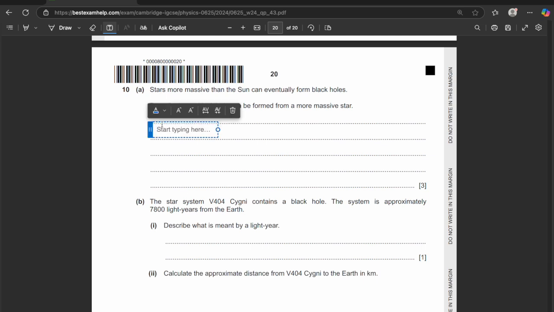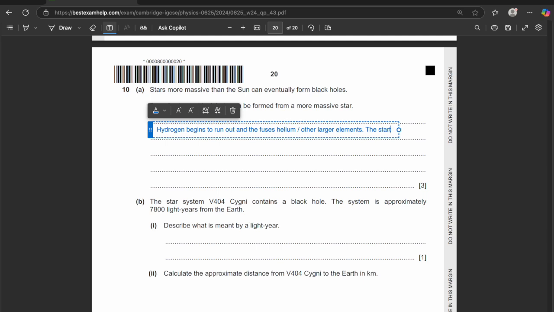So firstly, we can write that hydrogen begins to run out, and the star fuses helium and other larger elements.